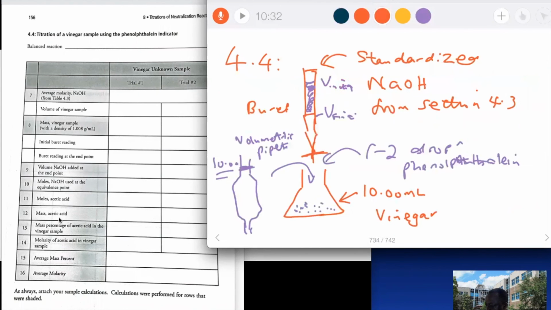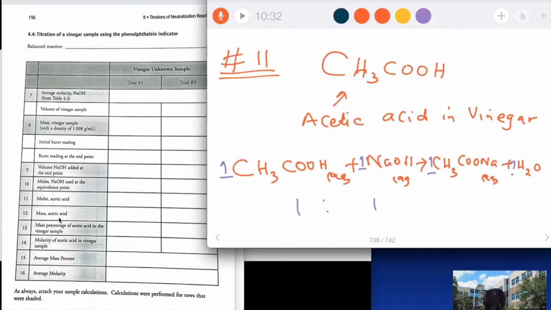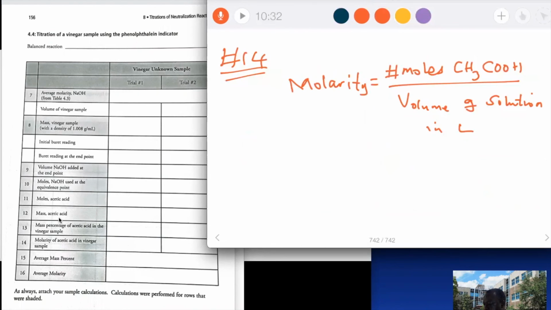We use 10 ml of vinegar solution. Forget about how you diluted that, but that is the volume you need to remember that is going to be used here. 10.00 ml, how many liters?